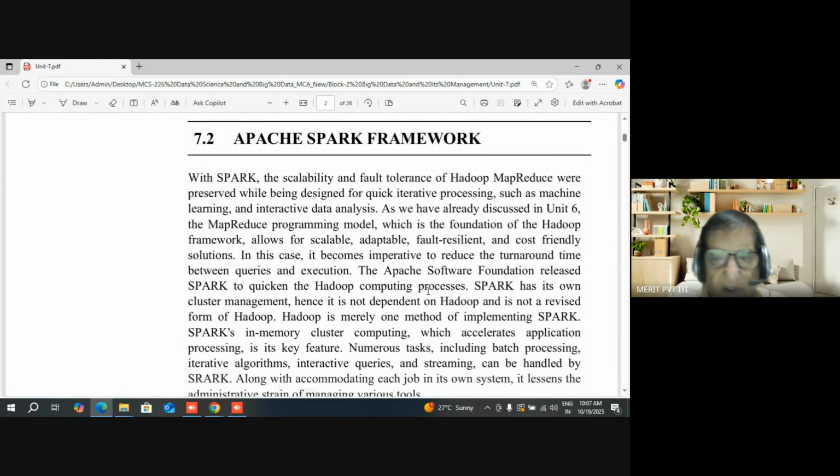तो अपाचे वालों ने ही ये स्पार्क करा था, और स्पार्क का मतलब ये है कि it does it faster. Spark has its own cluster management, hence it is not dependent on Hadoop and is not a revised form of Hadoop. Hadoop is merely one method of implementing Spark.